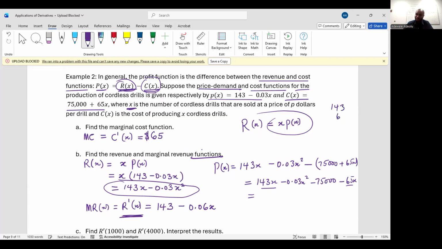It's been a long day. So 78. There might be some mistakes in my arithmetic. Please forgive me if there is any. 78X minus 0.03X squared minus 75000. So that is the profit function.